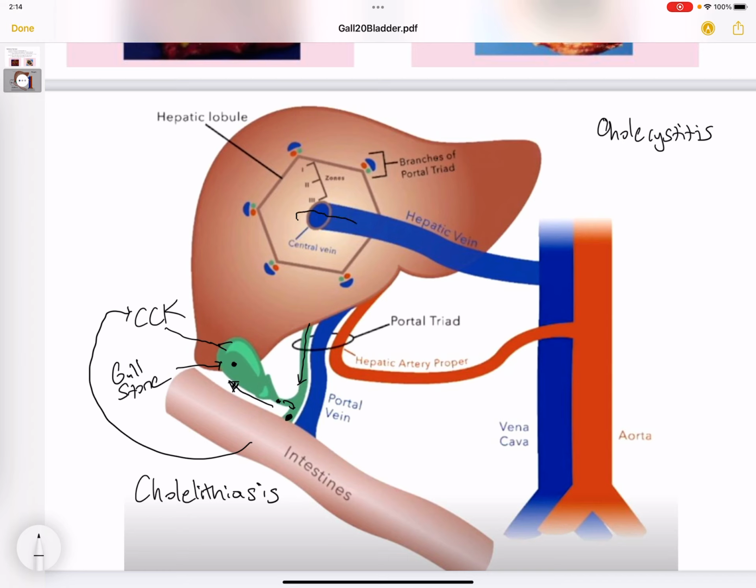Then it is going to travel through our hepatic vein into the systemic circulation, and this is going to cause jaundice. When we have a stone in our common bile duct, this is referred to as choledocholithiasis.